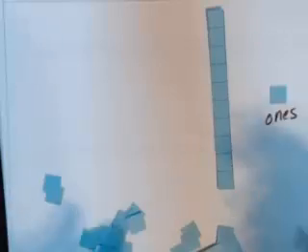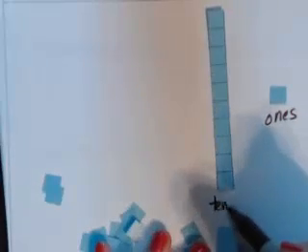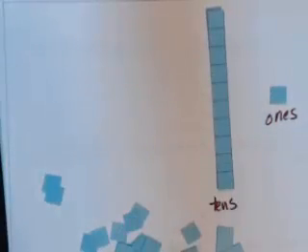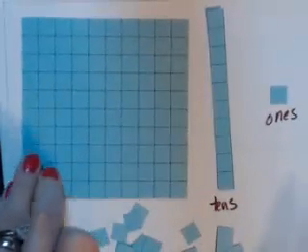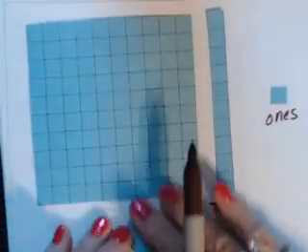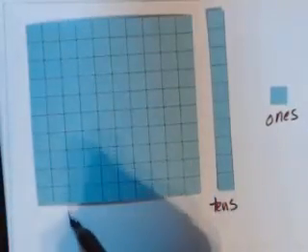The strip, which we call the log, represents tens place, and the flat, which is the square, represents hundreds place.